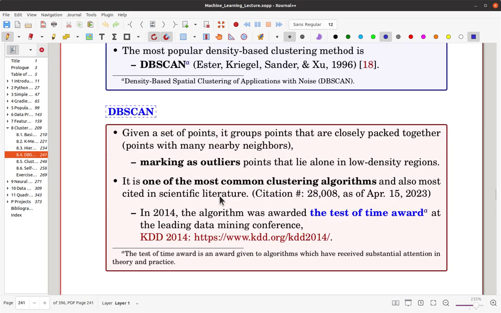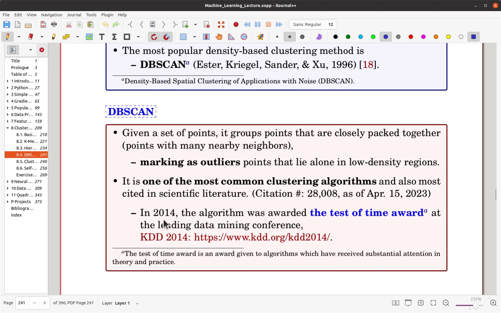Given a set of points, DBSCAN groups points that are closely packed together. It's one of the most common clustering algorithms and also the most cited in scientific literature. It has a citation number of a little more than 28,000 as of today.